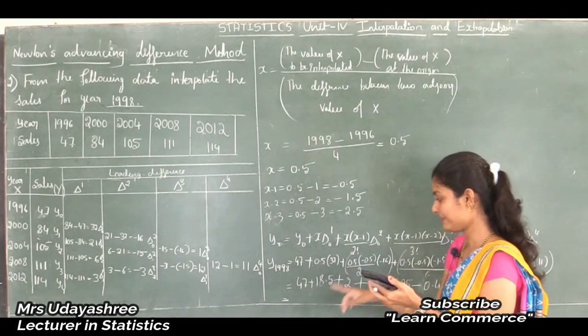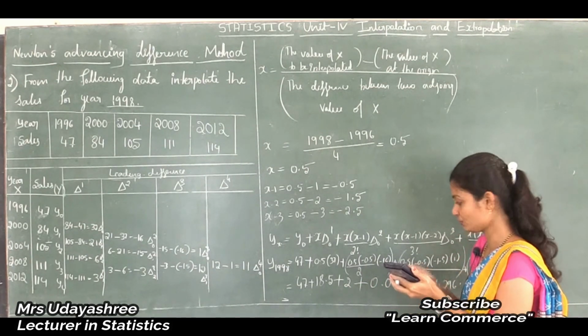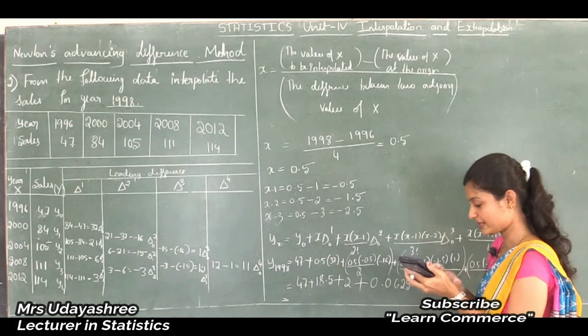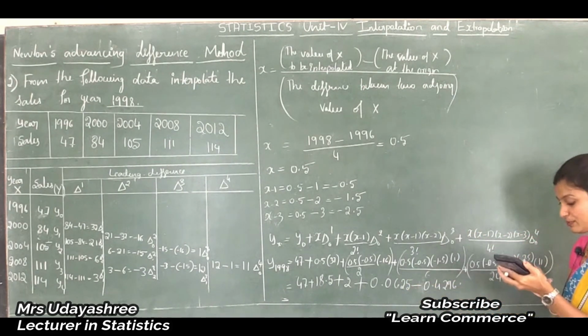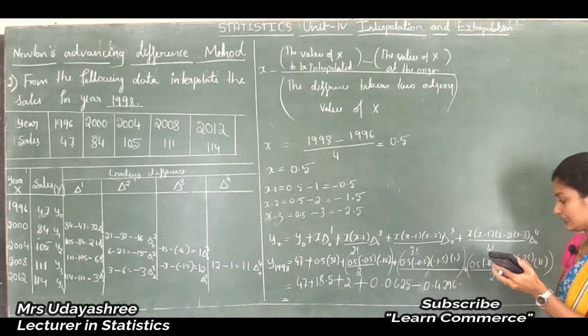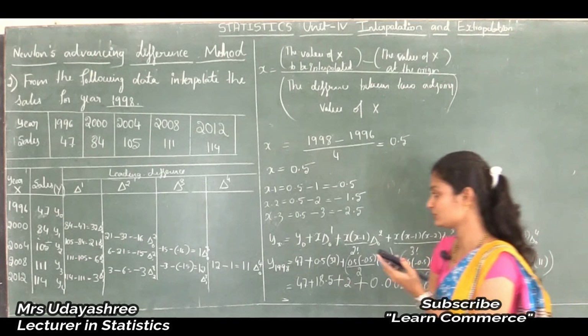So this is equal to 47 plus 18.5 plus 2 plus 0.0625 minus 0.4296, that is 67.1329.